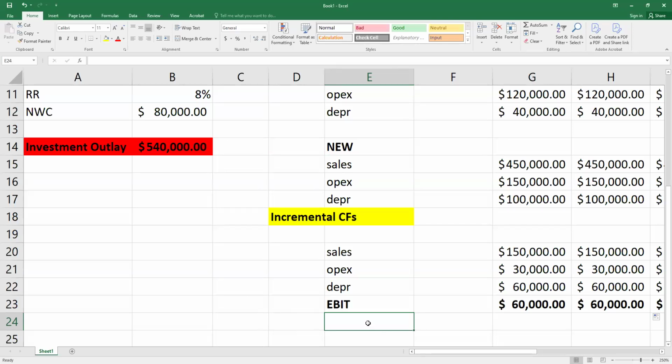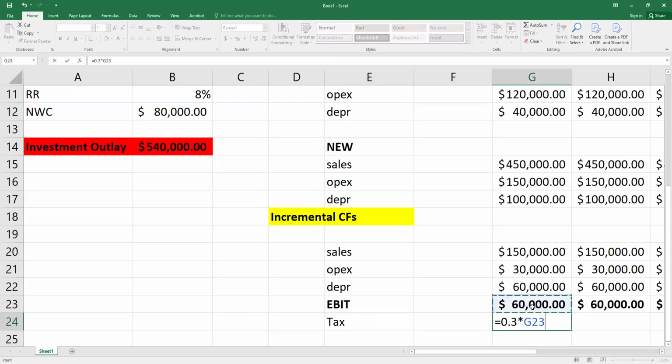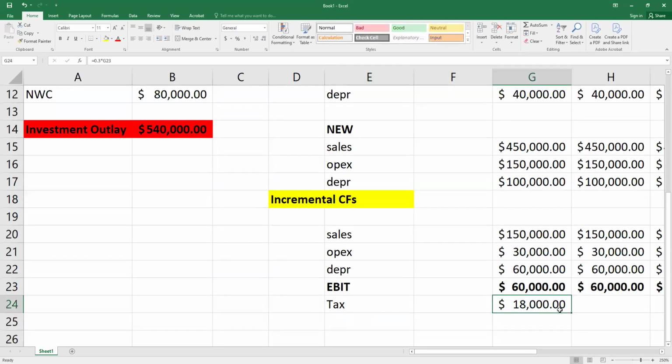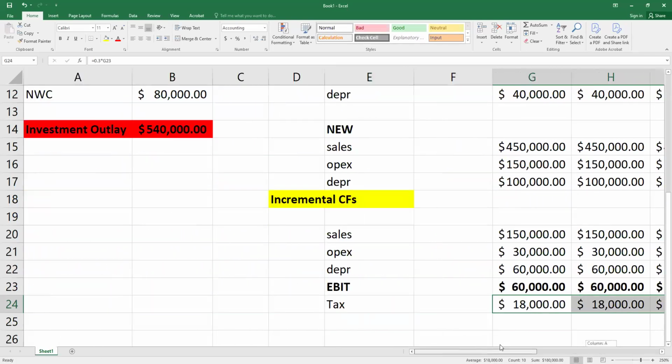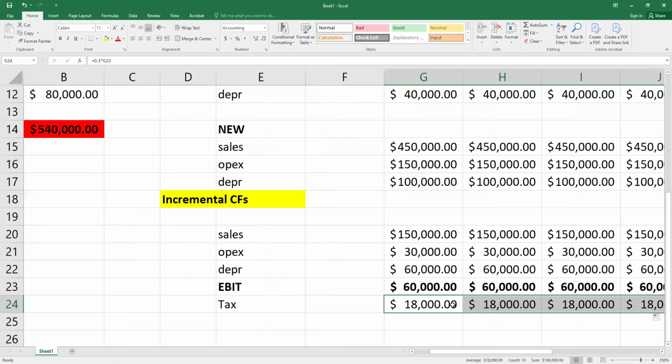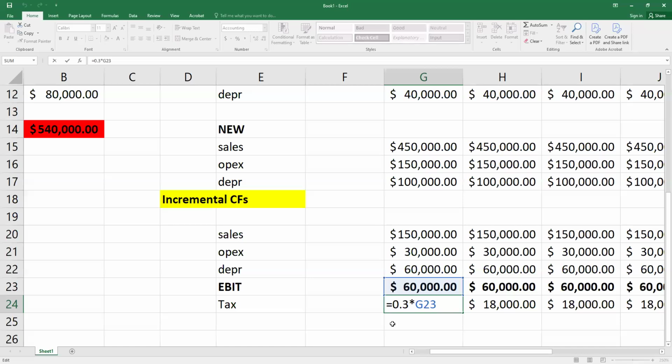The only thing that we need is tax, which is 30% of EBIT. It's a 30% of the EBIT. It's the tax amount that you're calculating.